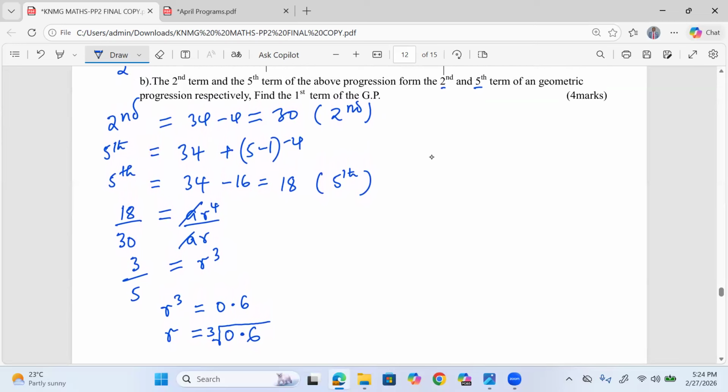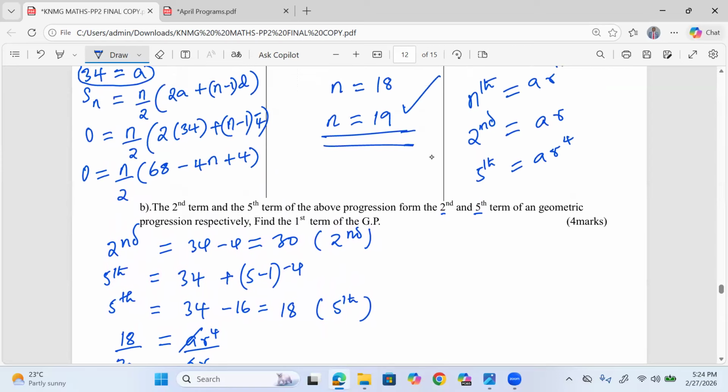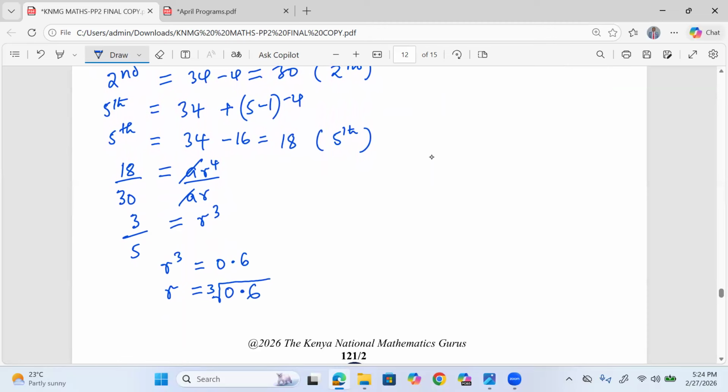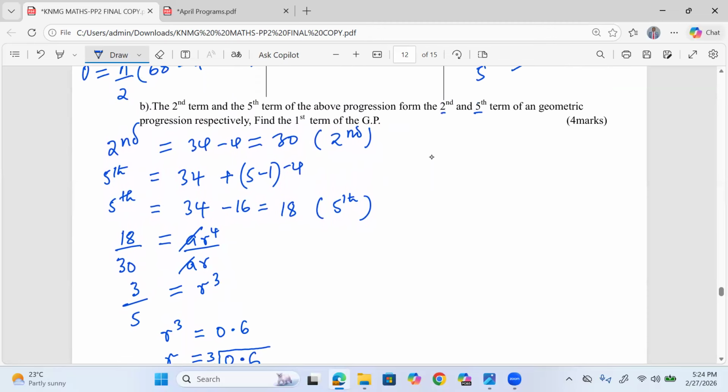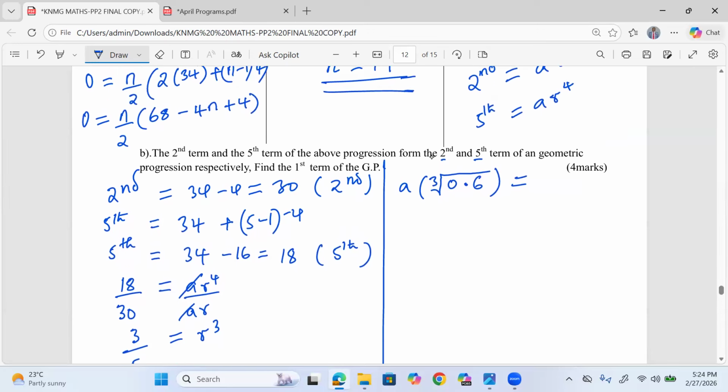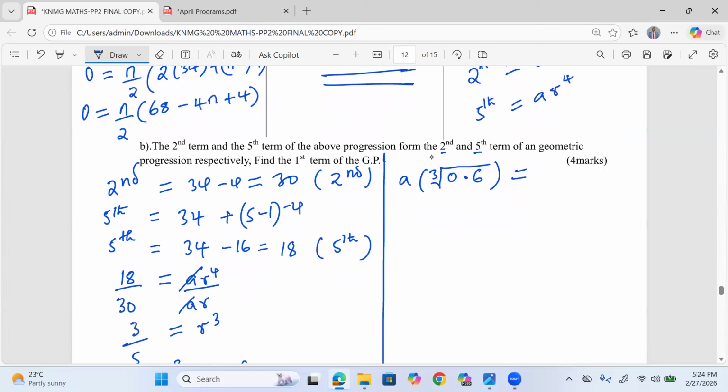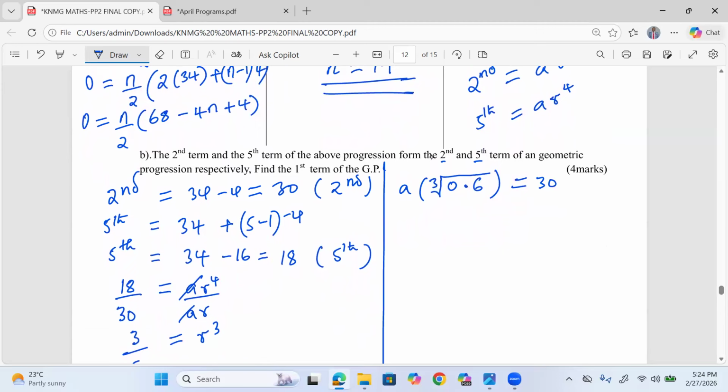So now, if that is the value of R, can we agree that the second term, which is A times R, whose value is the cube root of 0.6, equals 30?